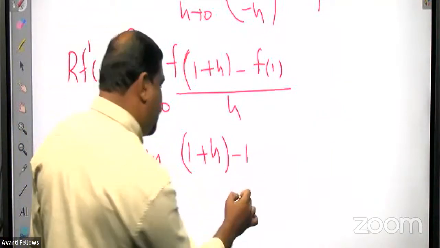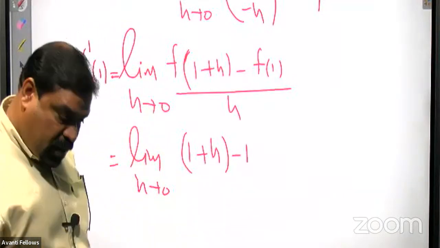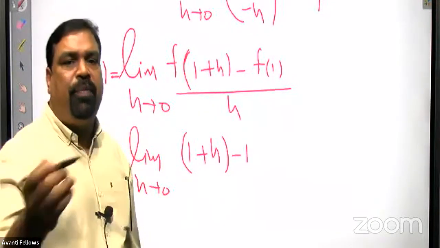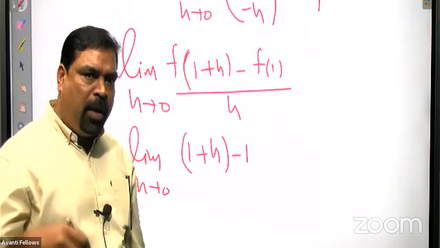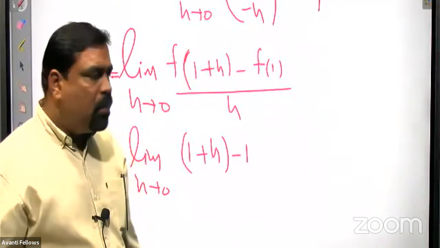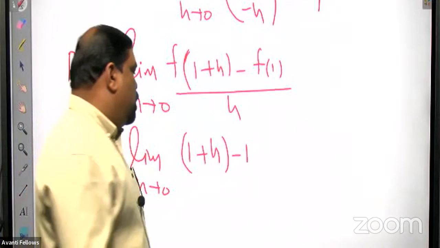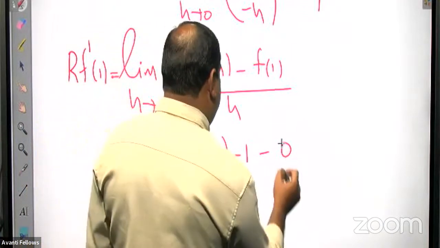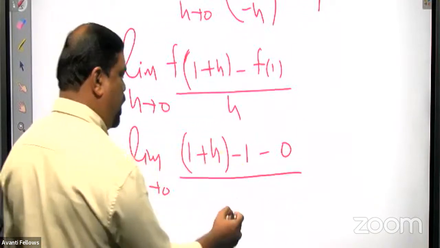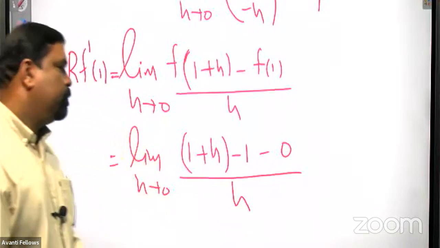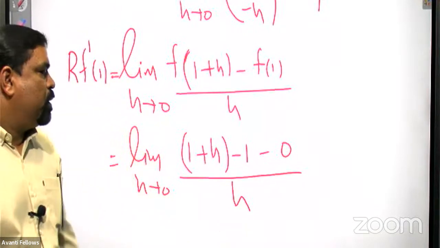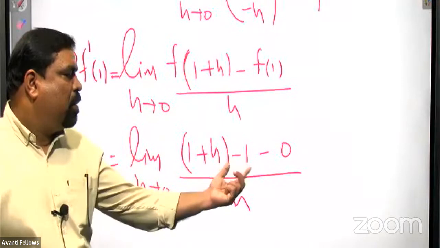So 1 plus h minus 1. f of x is x minus 1. Remember, f of x is x minus 1. Minus f of 1, which is 0, divided by h. Okay. So 1 plus h minus 1 minus 0.